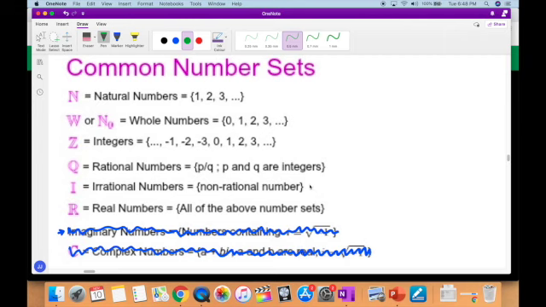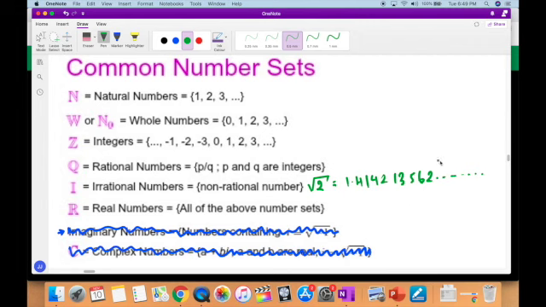For example, the square root of 2. If you punch the square root of 2 in your calculator, you will get a non-terminating decimal. Can somebody punch the square root of 2 and tell me what it is? 1.4142135562... If your calculator had more spaces, you would have gotten more numbers.